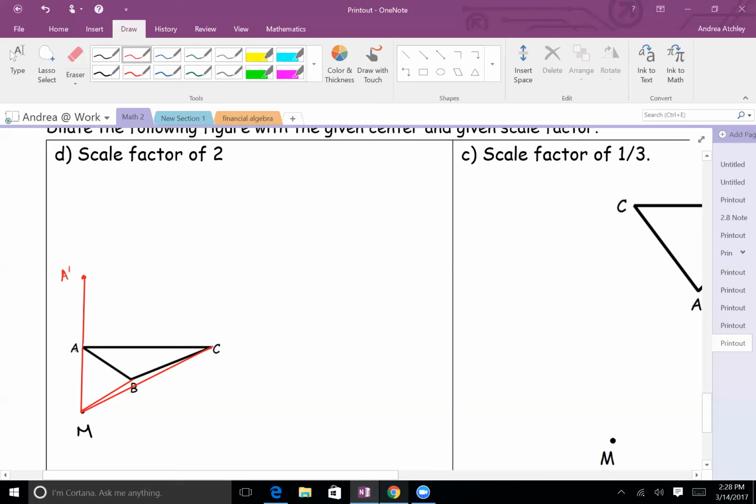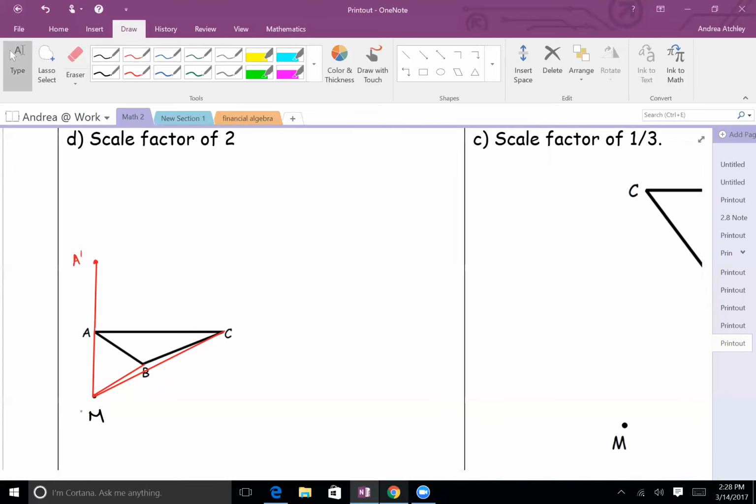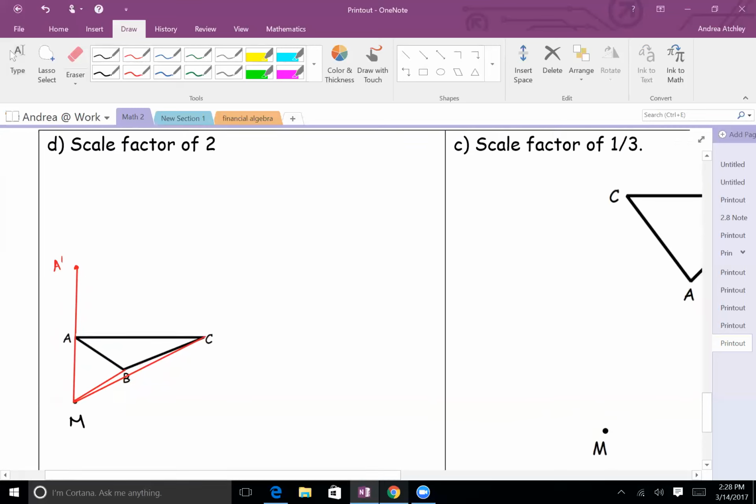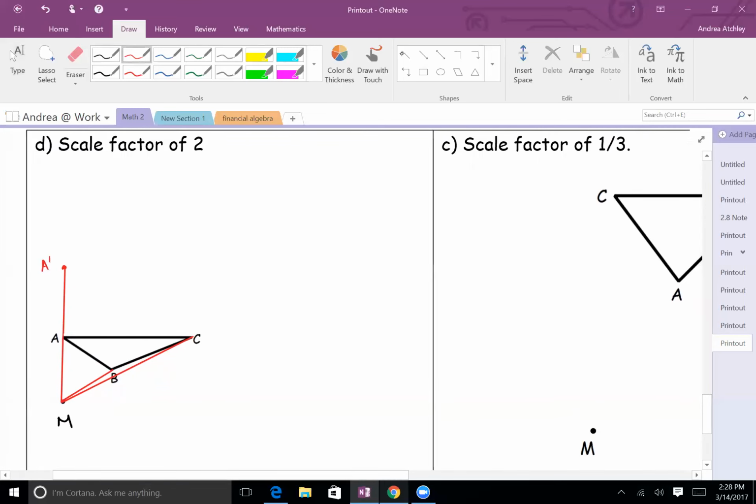I'm going to do the same thing with M to B. Measure that distance. And just add it on to the end. And it's going to be B prime.